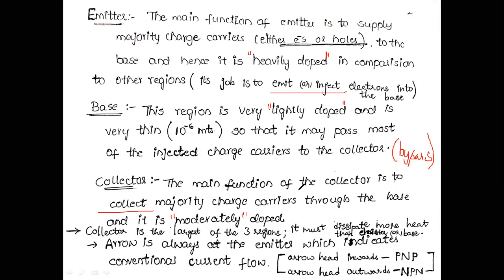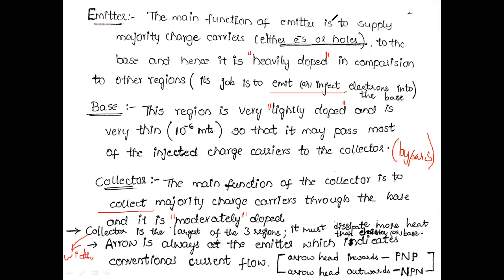The main function of the collector is to collect majority charge carriers through the base, and it is moderately doped. The collector is the largest of the three regions. That means the width of the collector is very high. That's why the collector is the largest of the three regions.